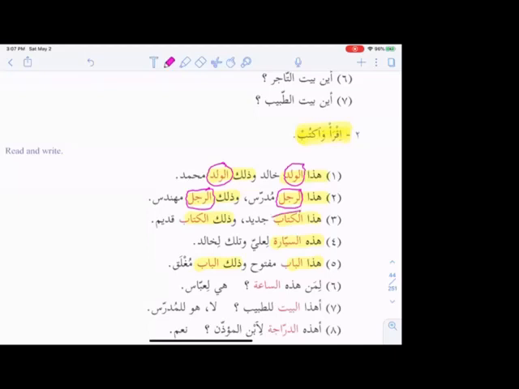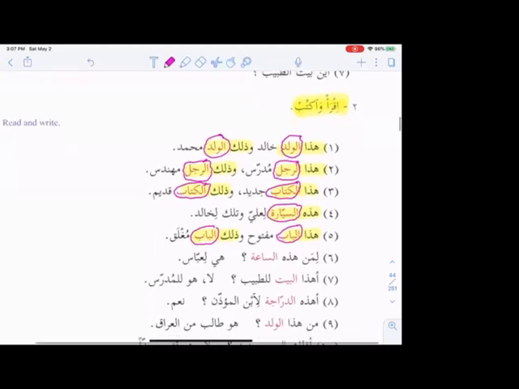Hazal kitabu badal. Zalikal kitabu badal. Hadhi sayaratu badal. Tilka, there is no. Hadal babu maftuhun wa zalikal babu muglakun. Liman hadhi sayaratu. So here, li Abbasin. Hazal baytu lit tabibi la huwa lil mudarrisi.